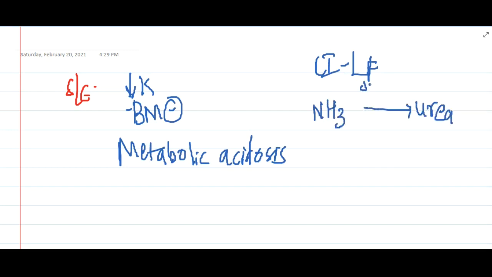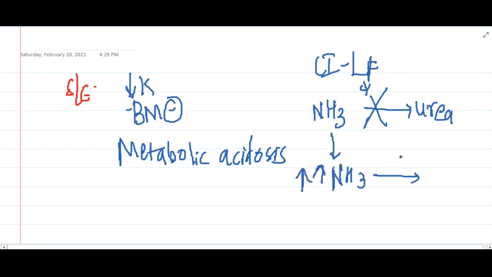urea, but in liver failure this conversion does not occur. So as a result this ammonia is present in excess. This extra ammonia will combine with H plus and form ammonium ion.